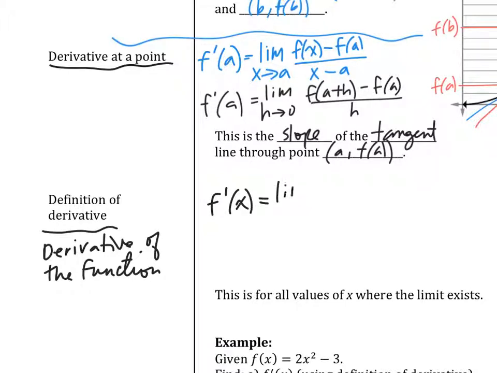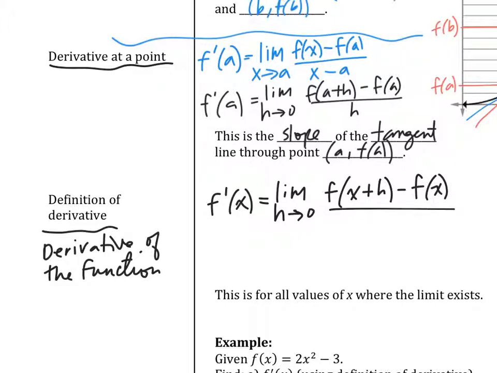And then it's the same formula, except every A that you see becomes an x. So it looks like there are two formulas, but it's really just the same thing. One is the function, meaning x is not defined. The other one is at a point, so then x becomes A.